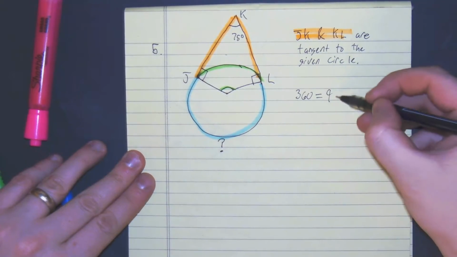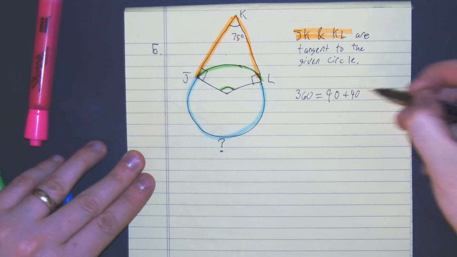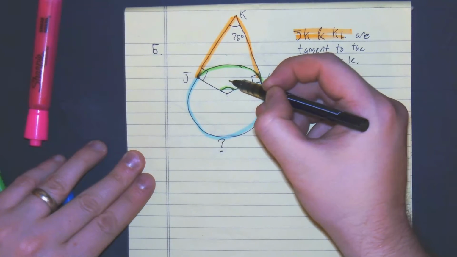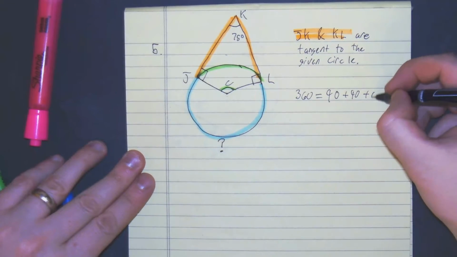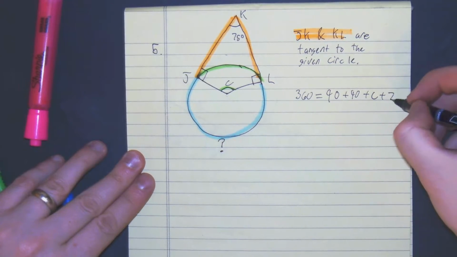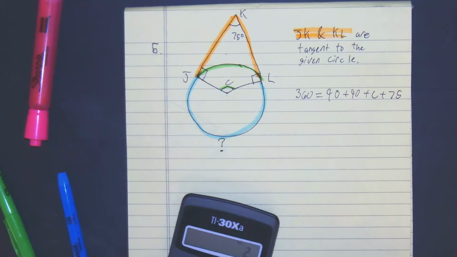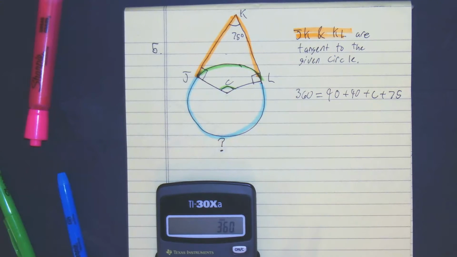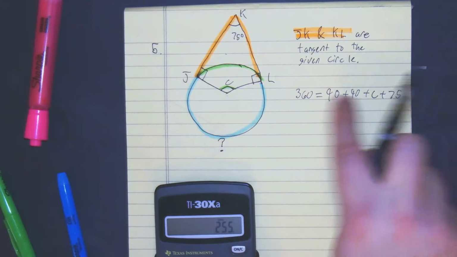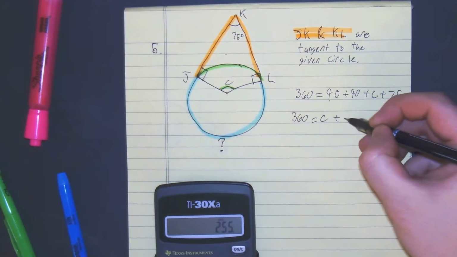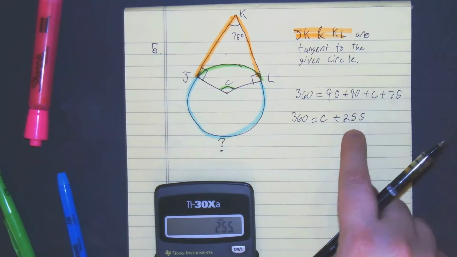So I'm going to add 90 plus 90 plus, we'll call this C for central angle, plus C plus 75. So we're going to add these all up: 90 plus 90 plus 75. In descending order, should have done it before, 360 is equal to C plus 255.